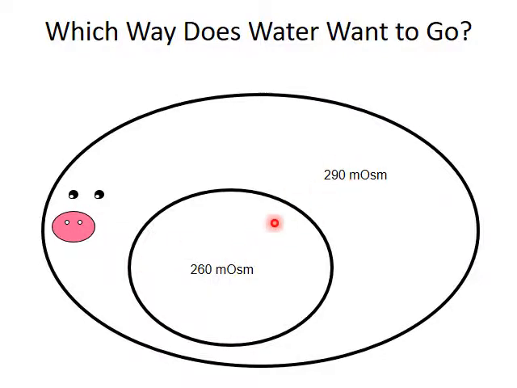We're constantly doing that. That makes a higher concentration of water in the rumen than out here. So the natural inclination of water is to leave the rumen and go toward the blood. That's a bad idea, and we'll show you why in a minute.